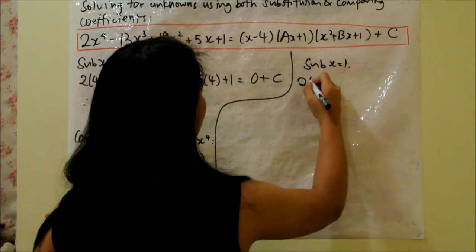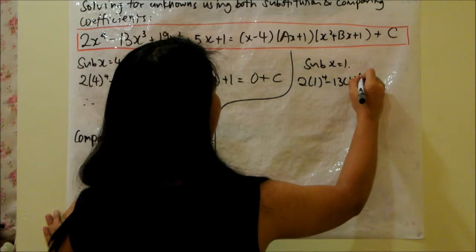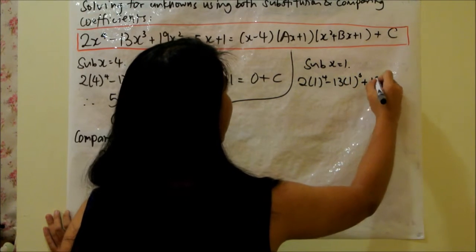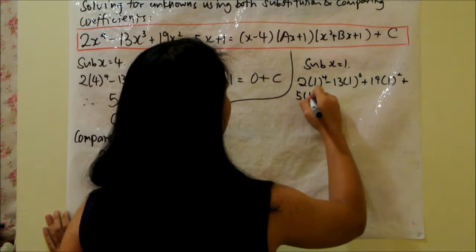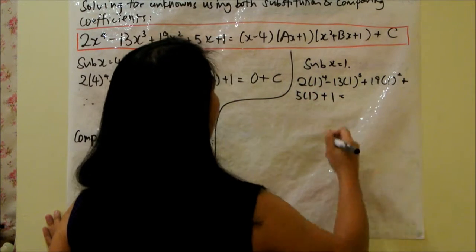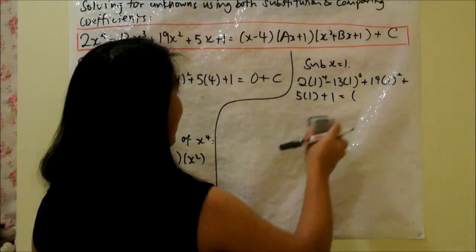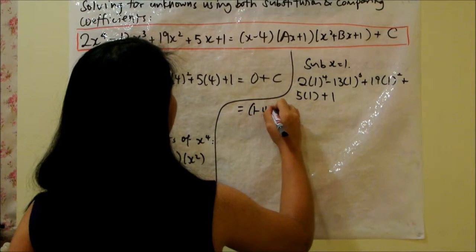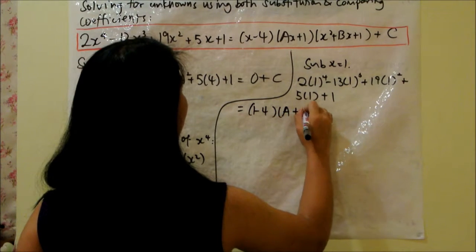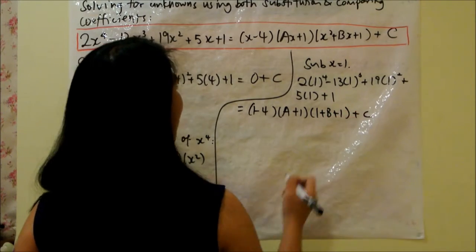So we have 2(1)^4 - 13(1)^3 + 19(1)^2 + 5(1) + 1 equals, let me write this on a separate line, 1 minus 4 times (a plus 1)(1 plus b plus 1) plus c.